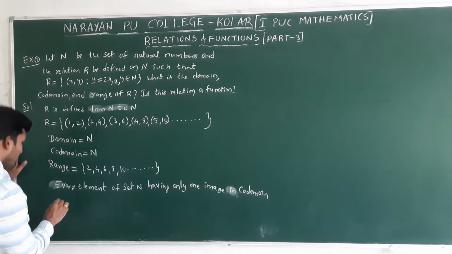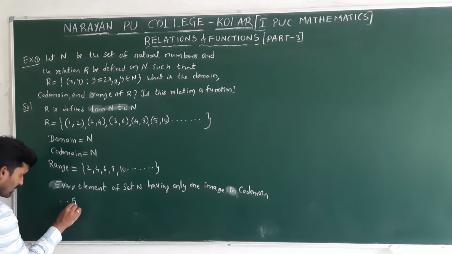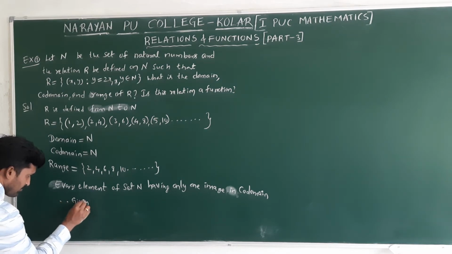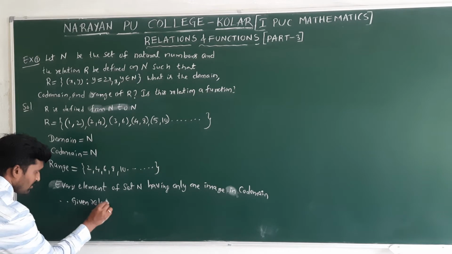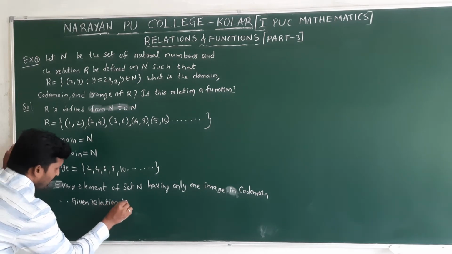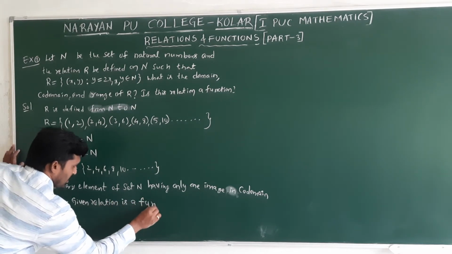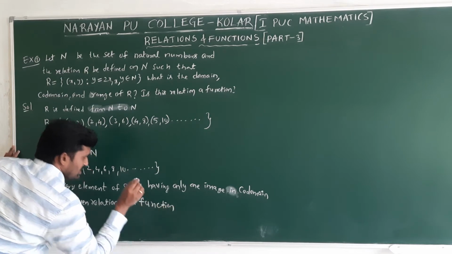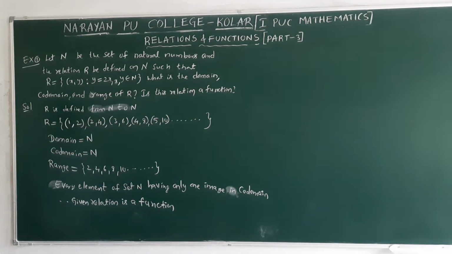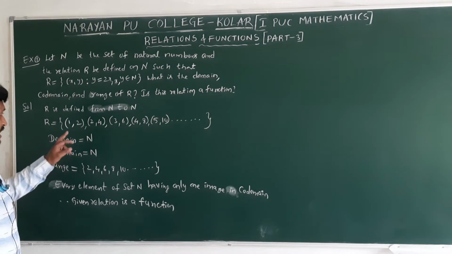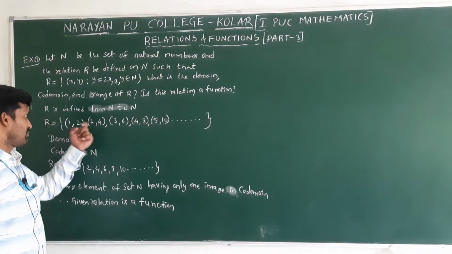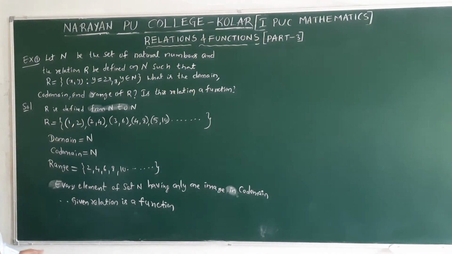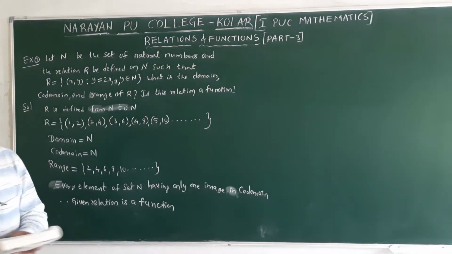That's why, therefore, the given relation is a function. If any element is left in the domain, it is not a function, and every element has a unique image, only one image. That's why it's clearly a function.